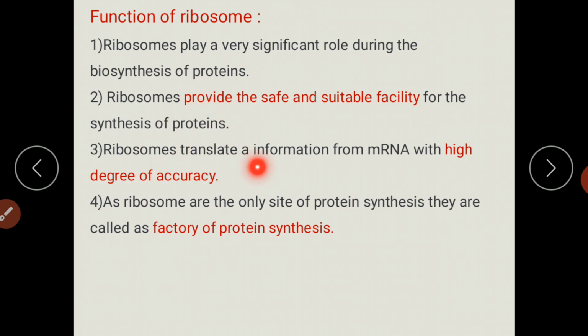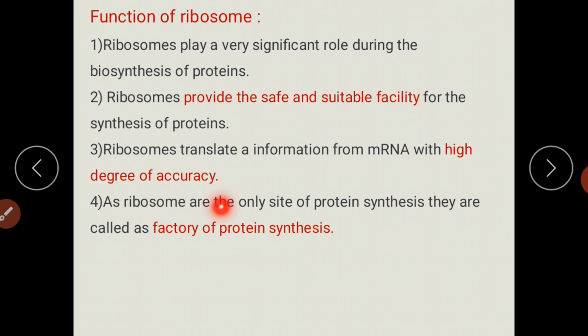Ribosomes translate information from mRNA, that is messenger RNA, with a high degree of accuracy. When protein synthesis is going on, the degree of accuracy is very high because the ribosomes read the exact message of the mRNA molecules, and only the information provided by this mRNA is used to bring the amino acids, and then these amino acids are joined together to form a protein.